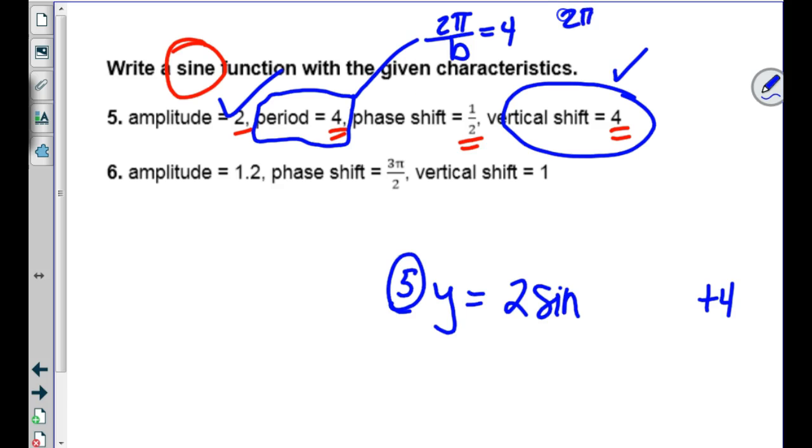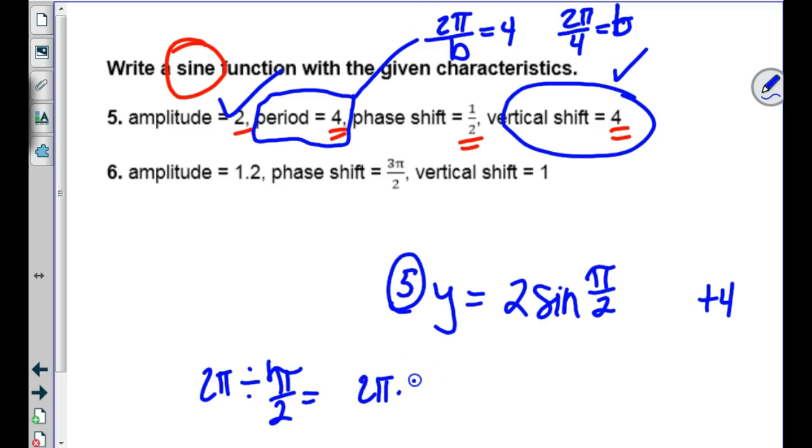Or 2 pi, you can just flip-flop those. 2 pi over 4 equals b. So it's pi over 2. Because now, if you told me 2 pi divided by some weird b, Miss Hofbauer, that would be 2 pi times 2 over pi, which would give me 4, which would make the period 4, right? Okay.